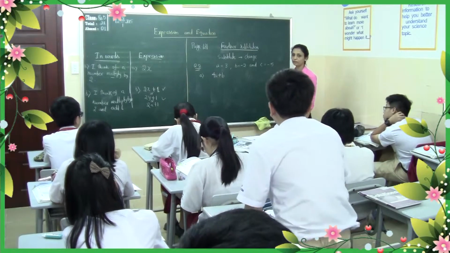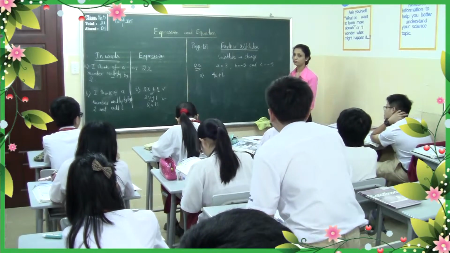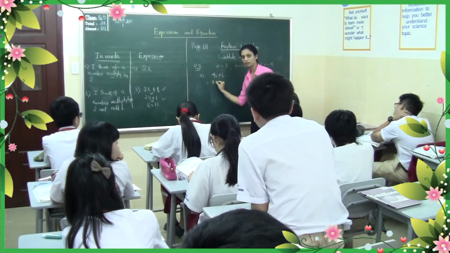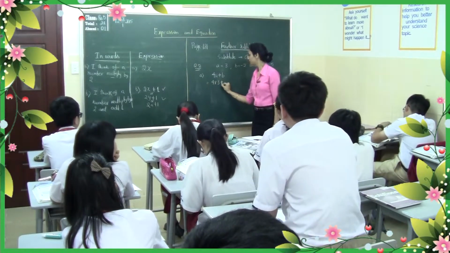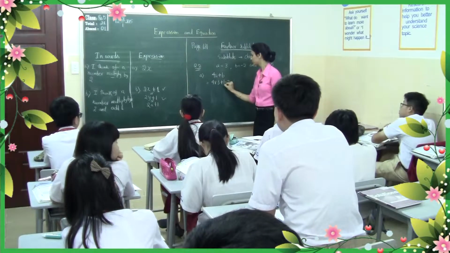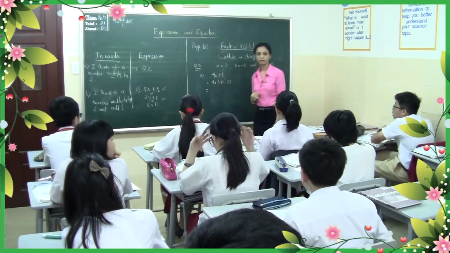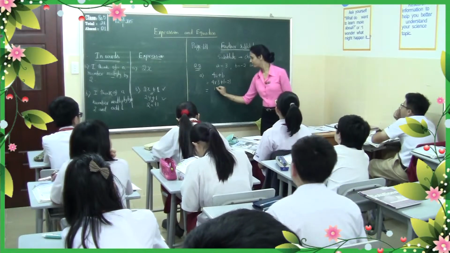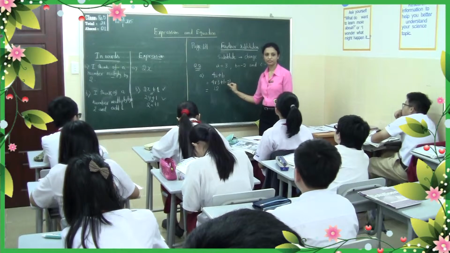b is minus 2, so it is 4 multiplied by 3 and plus minus 2. Right? Then 4 times 3 is how much? 12. Then plus minus 2.